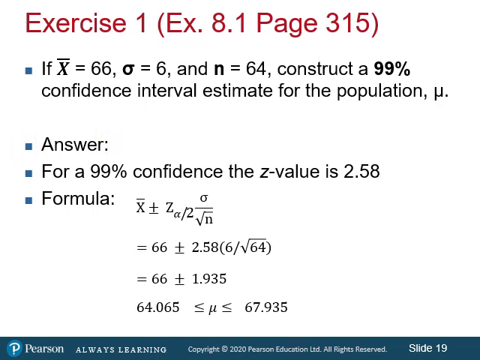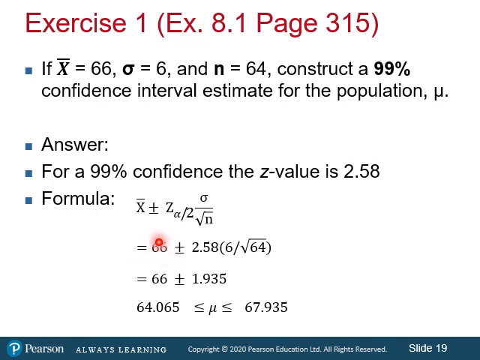To answer this, we will first write the formula, and for 99% confidence, the Z value is 2.58 or 2.576. So the formula is X bar plus minus Z alpha divided by 2, which is 2.58, times sigma divided by square root of n.